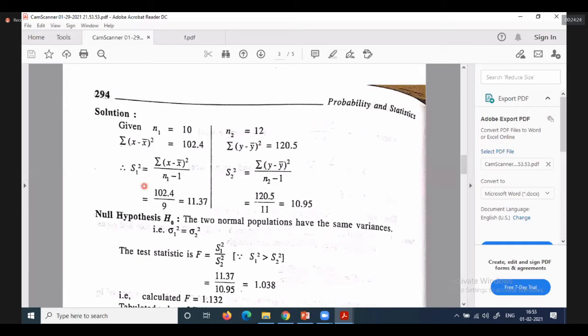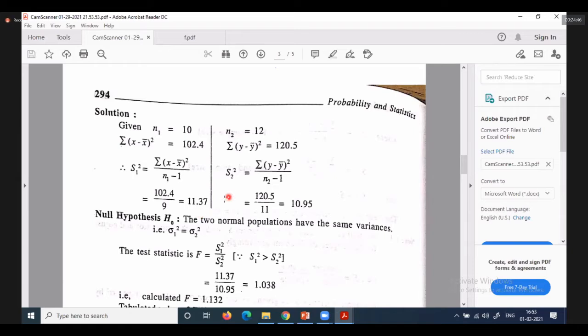The first random sample variance is s1 square, that is 102.4 divided by 10 minus 1, that is 9. Simplifying, we get s1 square as 11.37.